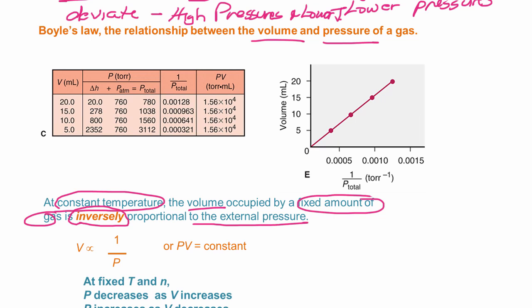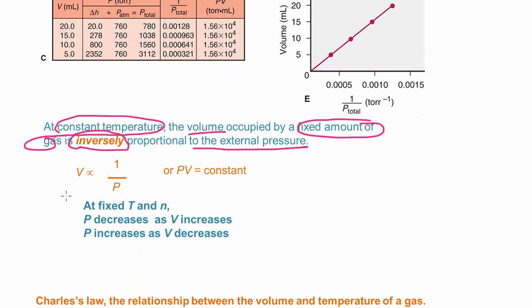We can write that proportionality like so. Again, this is an inverse proportion. To make this a mathematical statement, we add a constant. So we can write this as PV, pressure times the volume, is equal to a constant. And again, this is a fixed temperature and a fixed amount of gas.